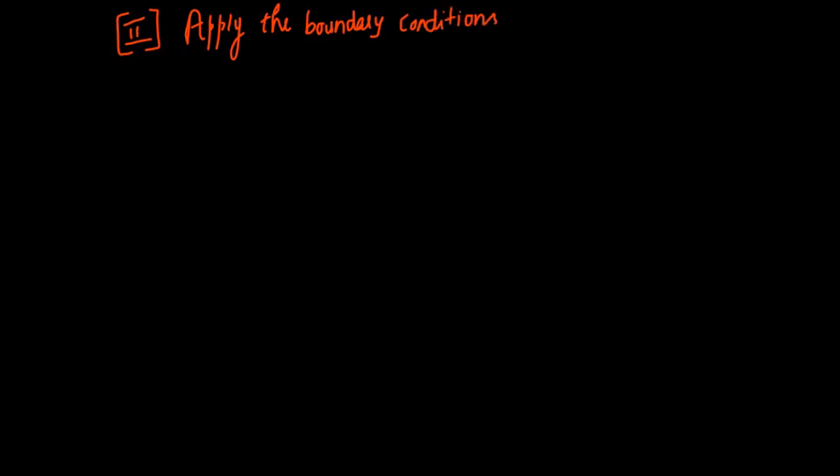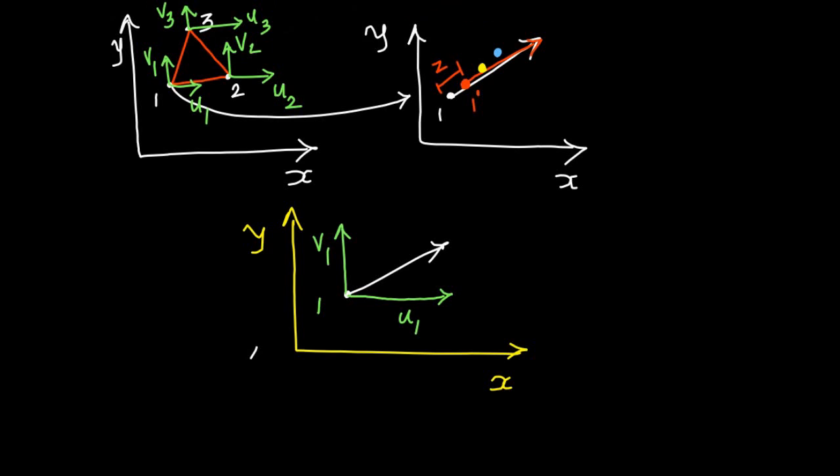Step number 2 is to apply the boundary conditions. So what are the boundary conditions? Going back to the initial triangle that we have assumed, you can see that the nodal point 1 has coordinate values x1 comma y1.